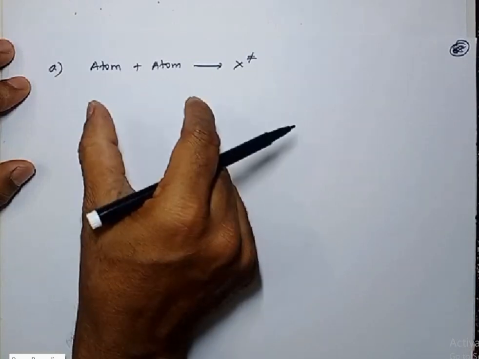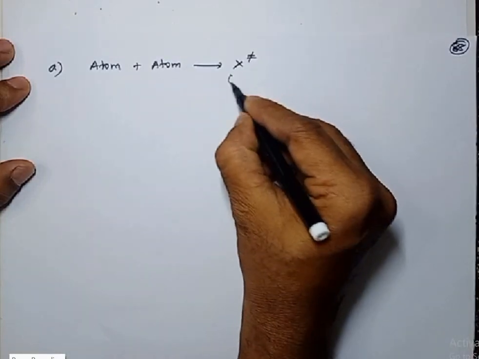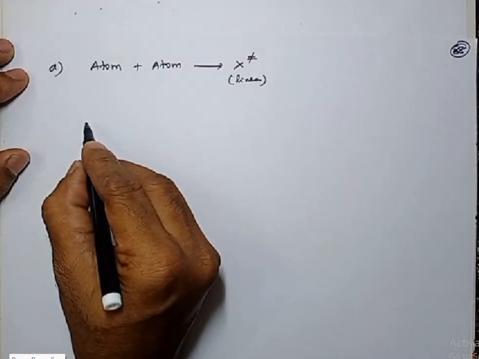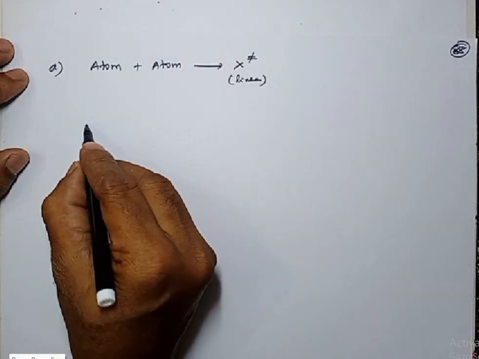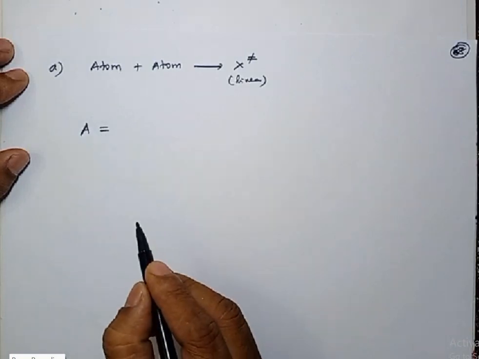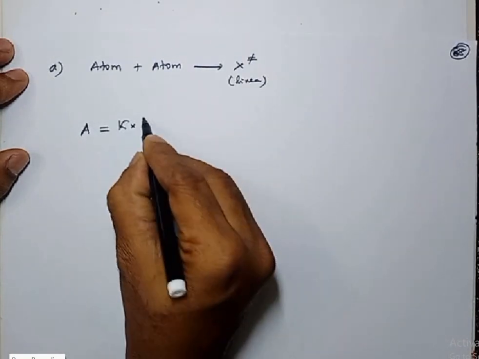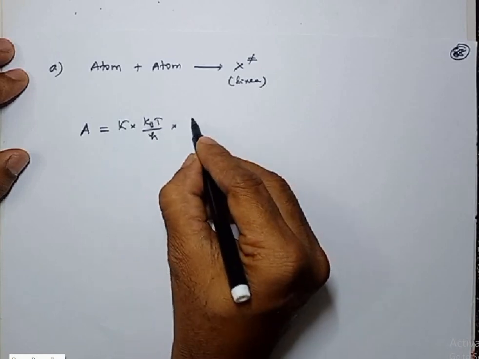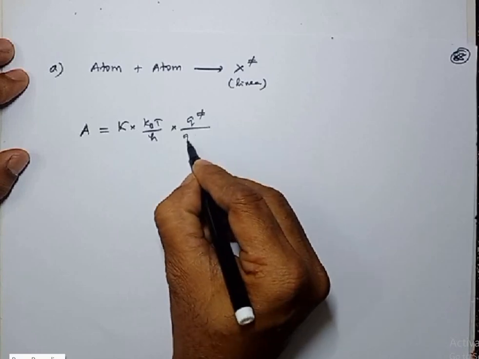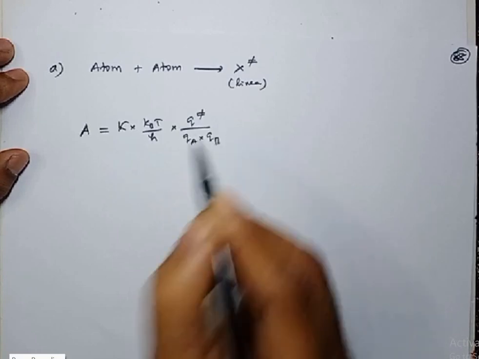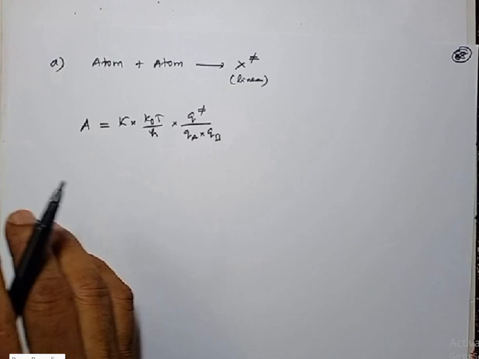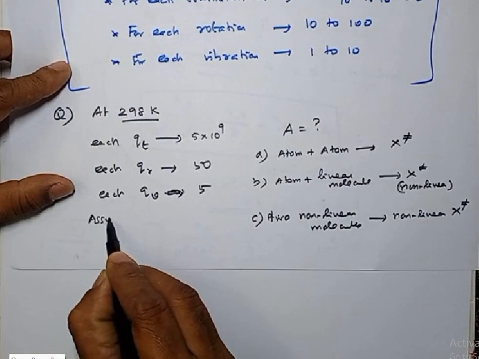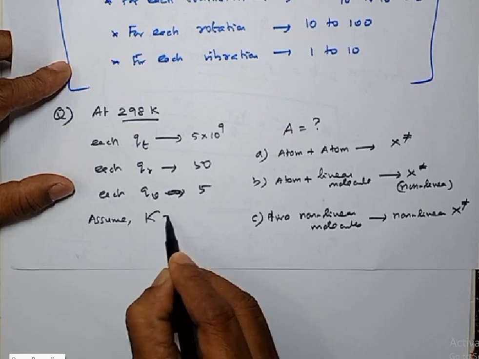You know very well, two atoms combined, it should be linear only. There is no other possibility. We know the pre-exponential factor A is equal to kappa into k_BT by h, into Q double dagger by Q_A into Q_B. I forgot to give this information also: let us assume that the transmission coefficient is 1.